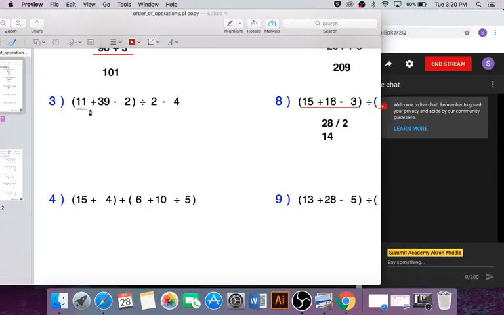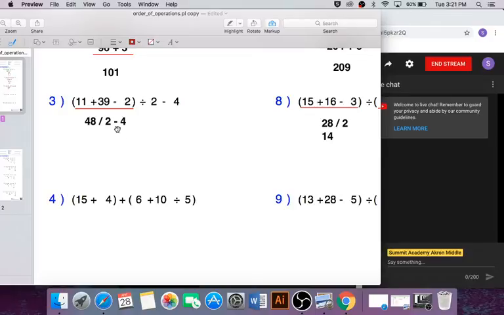For here we only have 1 set of parentheses, so we're going to solve that first. We have addition and subtraction, so we solve it from left to right. So we have 11 plus 39 minus 2 is 48. So we're going to have 48 divided by 2 minus 4.